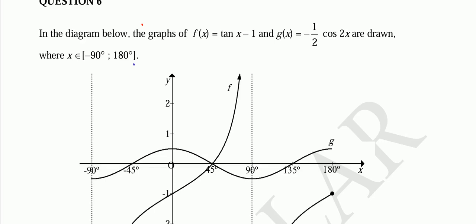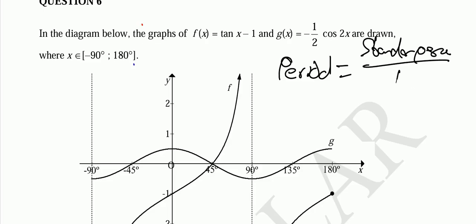So this 2 is very important. Remember, we have cos kx, right? So this k works where, remember, if we are calculating the period of our graph, it is our standard period over k.